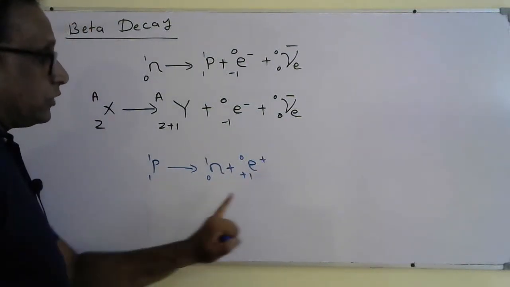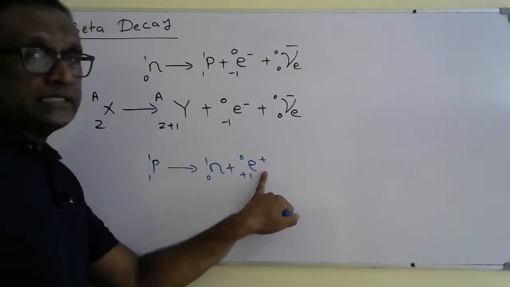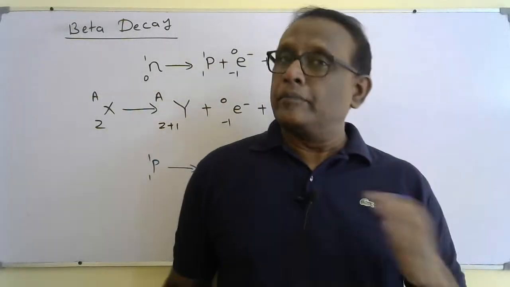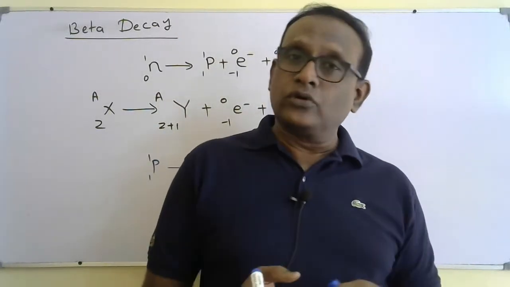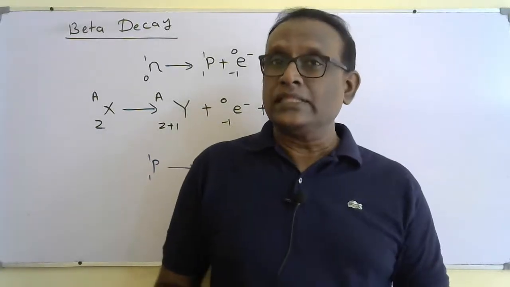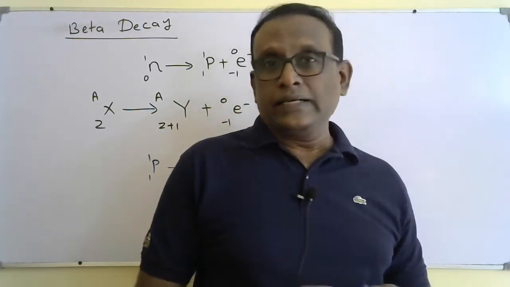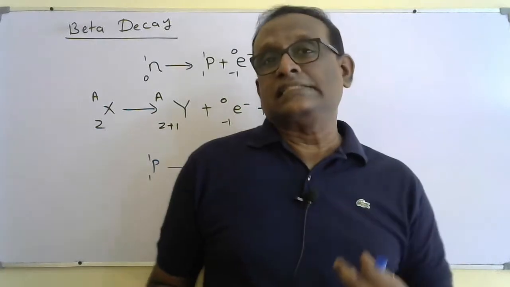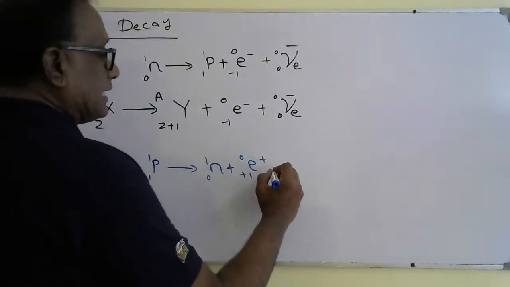Here also the lepton number should be balanced. The positron is an anti-lepton with lepton number -1, so we need a particle with lepton number +1 without any charge. The only possibility is the neutrino.